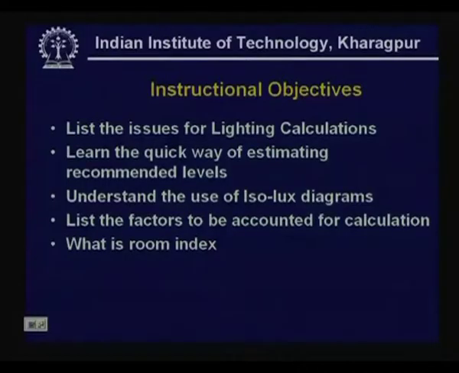Most of our interiors are cuboidal, and the most convenient arrangement is in the form of a matrix. That is, you have a certain number of lamps located along a row, and there could be a number of columns. So, the room index is a way of specifying these things according to CIE.